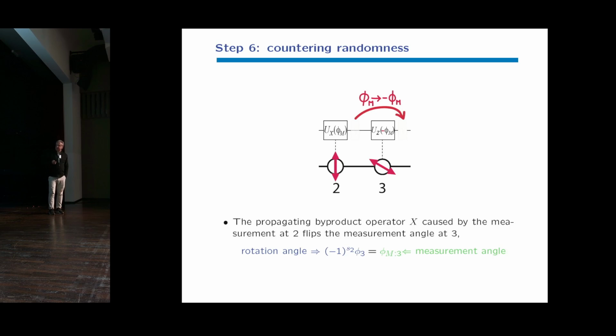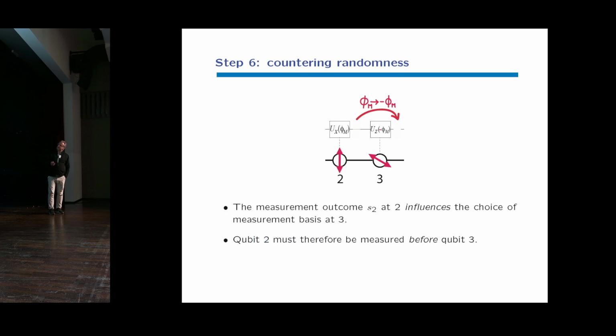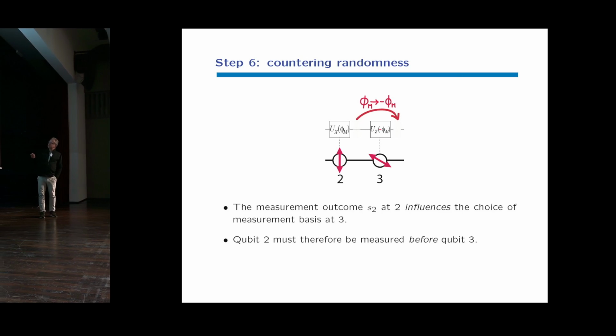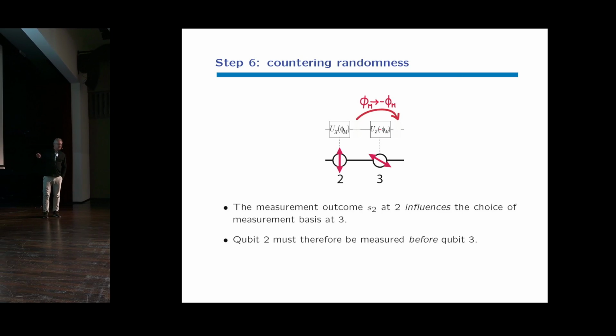Good. So this tells us something about temporal order. The measurement basis over here needs to be adjusted to what has been measured over here. So the outcome from that measurement must be known when that measurement is taking place.